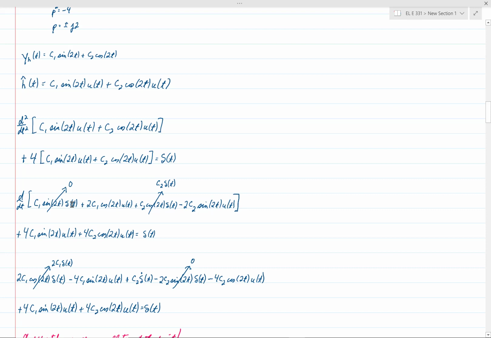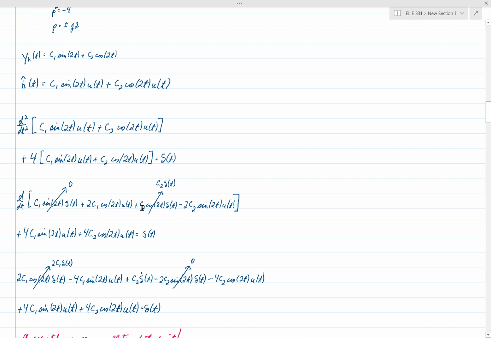Well, that c1 sine 2t delta of t, since here f of t is sine 2t, so f of 0 is sine of 2 times 0, which is the sine of 0, which is 0. So this term actually goes away.